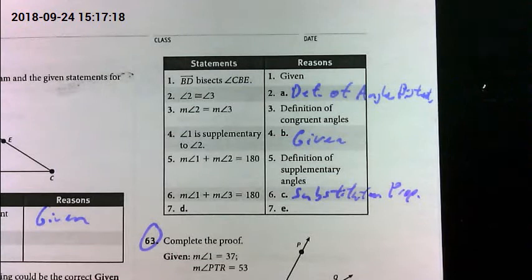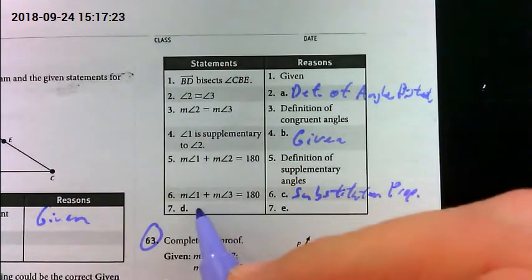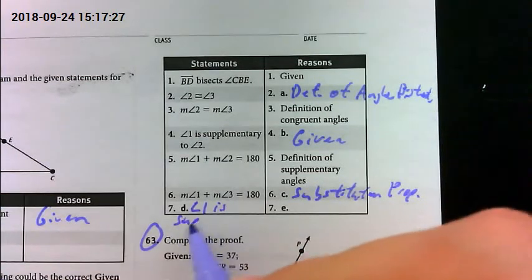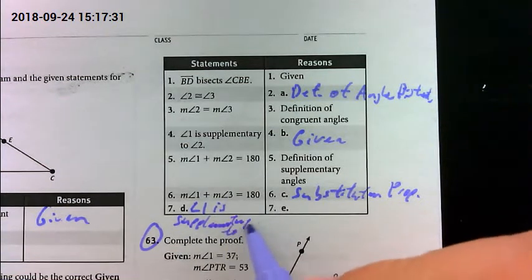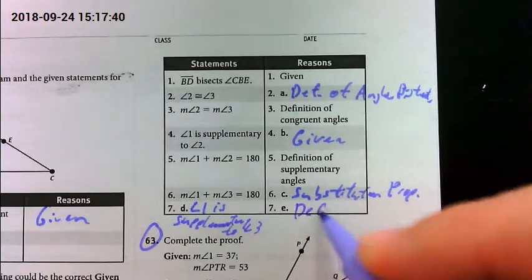Now, the last statement should be what we're trying to prove. So what were we trying to prove? Angle 1 is supplementary to angle 3. So, well, if we said that these 2 angles add up to 180, and now we're saying they're supplementary, that's our definition of supplementary angles.